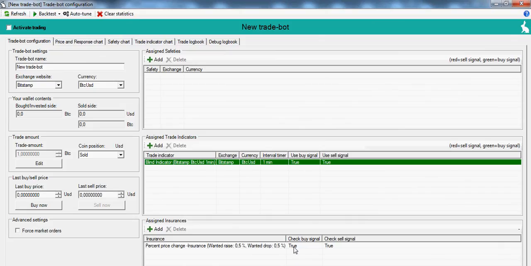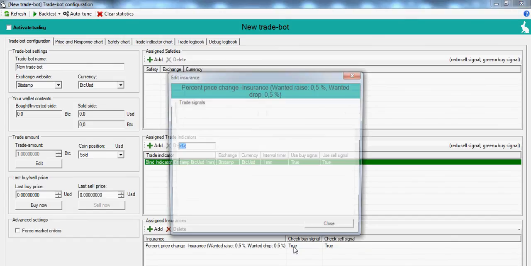So for example, at BTC-E, the exchange fee is 0.2%, and we've set the percentage change insurance to 0.5%. Therefore, you are buying and selling at double the costs, so you're going to have a bigger profit than when you just use overcome fee costs.